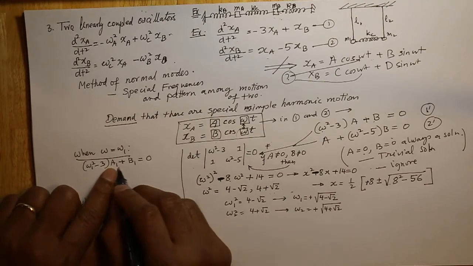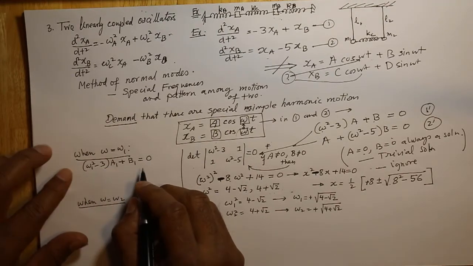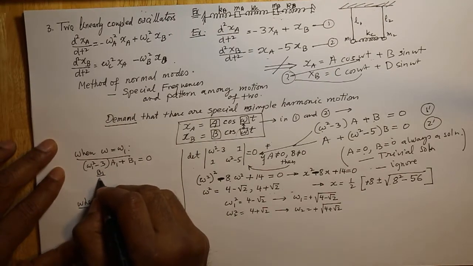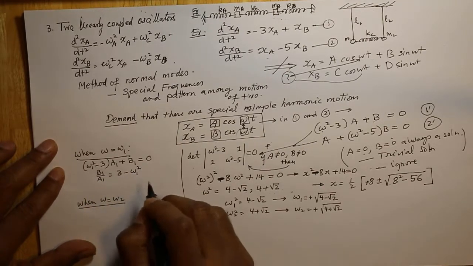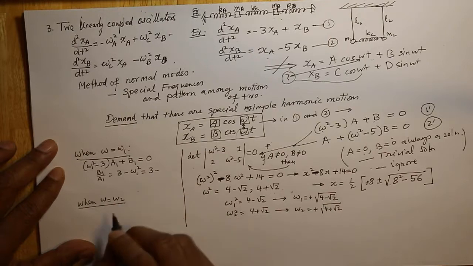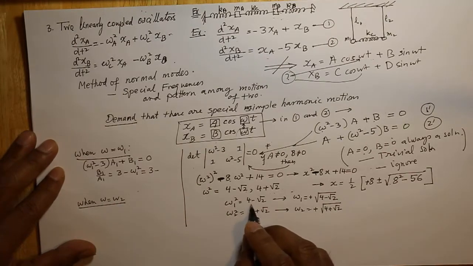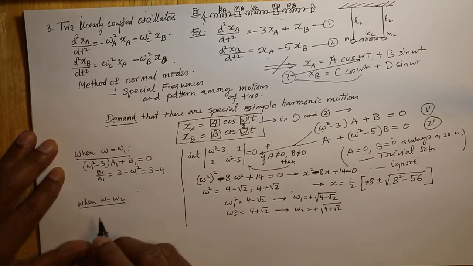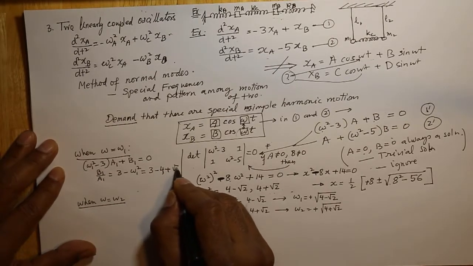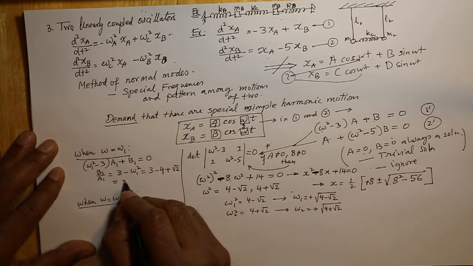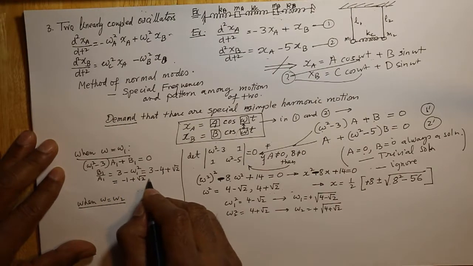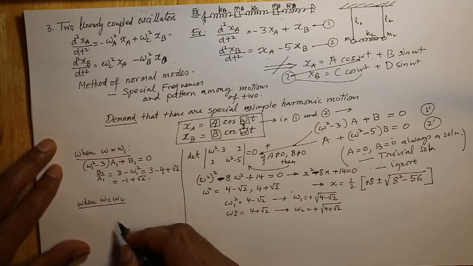So this tells me how B1 and A1 are related. We can say B1 over A1 is going to be 3 minus omega 1 square. So 3 minus 4 plus square root 2, so this is actually minus 1 plus square root 2.